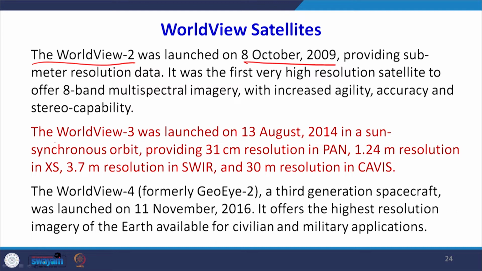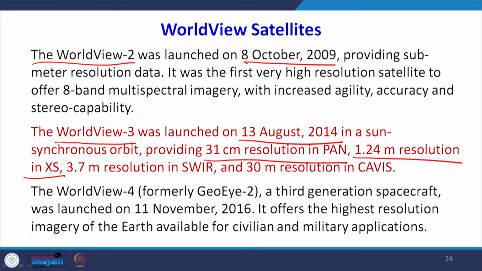Then the next in the series was WorldView 3, which was launched in 2014, again in the polar orbit. Resolution becomes further better, unbelievable, 31 centimeter panchromatic band, black and white. So pixel size is 31 centimeter. Any object which is 31 centimeter by 31 centimeter could be seen very clearly, and 1.24 meter resolution was available in multispectral mode.